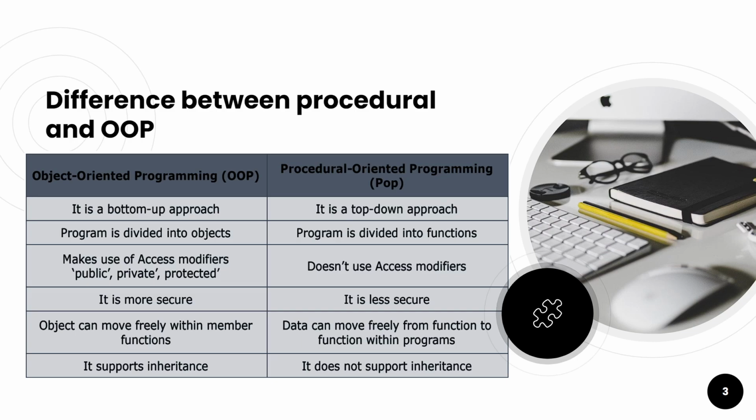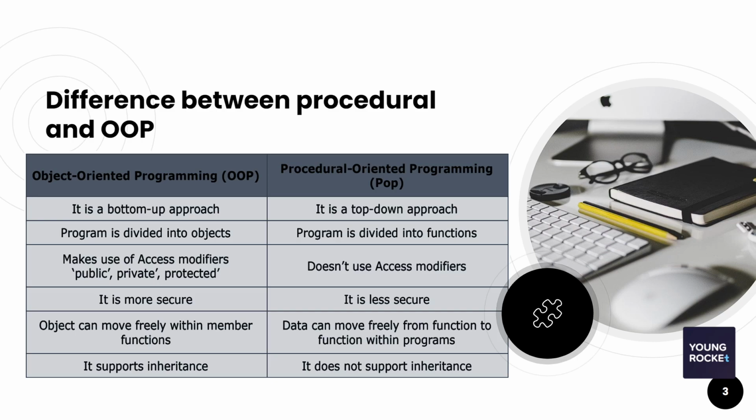In object-oriented programming, that is why the data is more secure, and in procedural-oriented programming, since we do not have access modifiers, it is less secure. In object-oriented programming, objects move freely within member functions, which means if we are using functions inside a class or an object, we can freely use them using access modifiers, inheritance and other properties that we'll be seeing later.